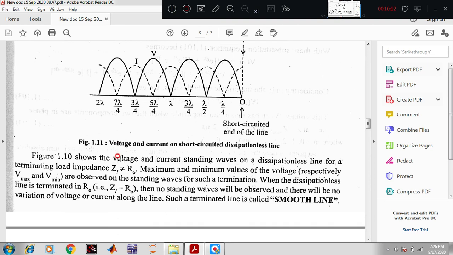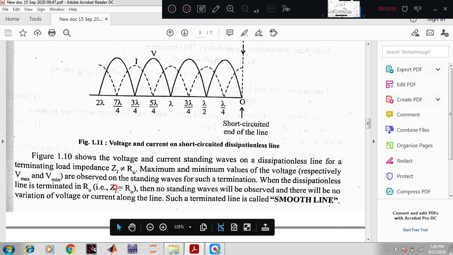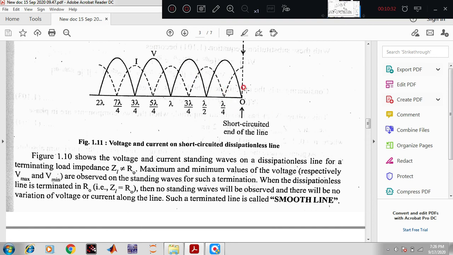And when the dissipationless line is terminated in its load impedance ZL equal to R0, then no standing waves will be observed and there will be no variation of voltage as well as current along the transmission line. Unlike the variation we have in voltage and current along the line, because there it is a combination of reflected as well as incident waves, right?